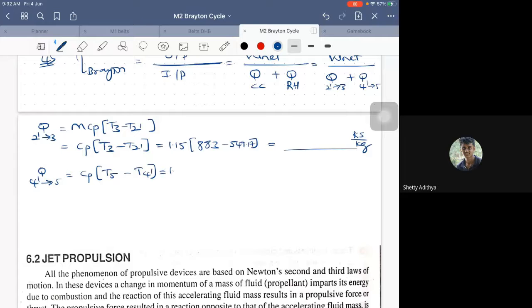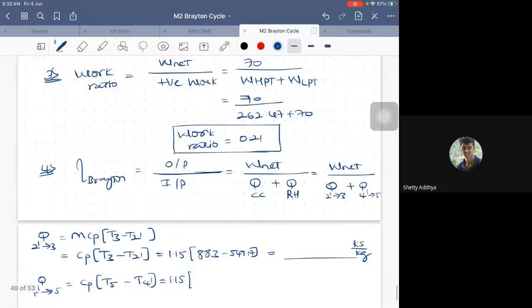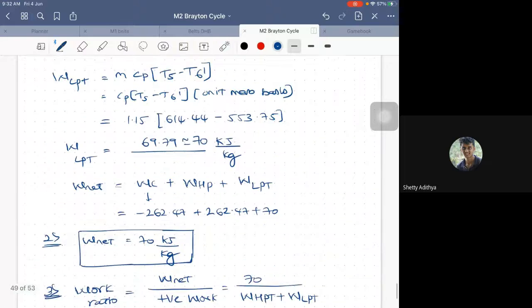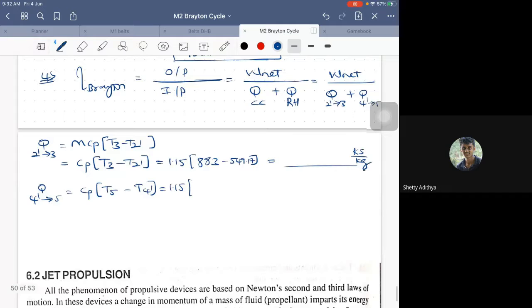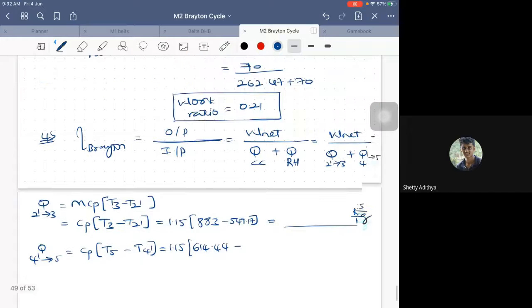T5 was 614.44, minus the value of T4 dash.